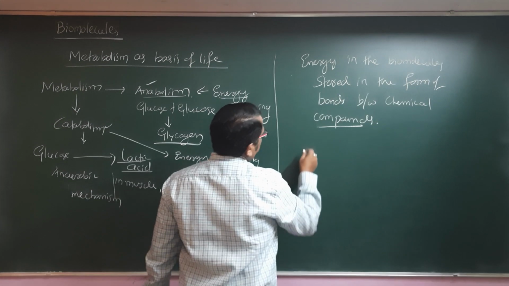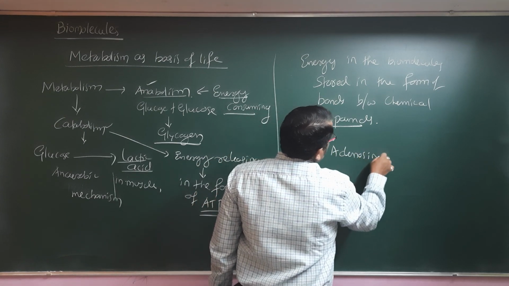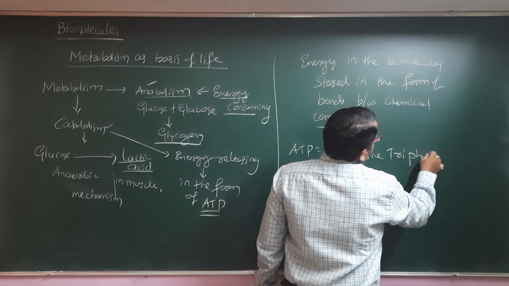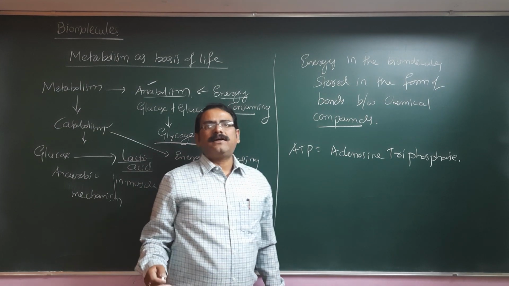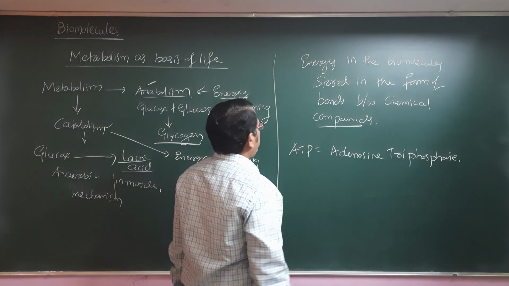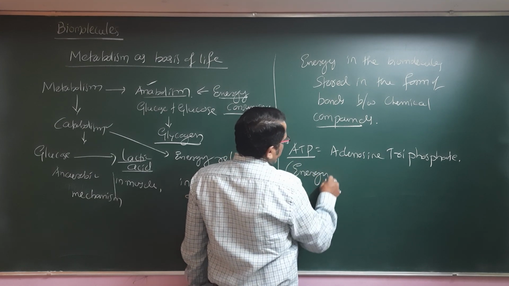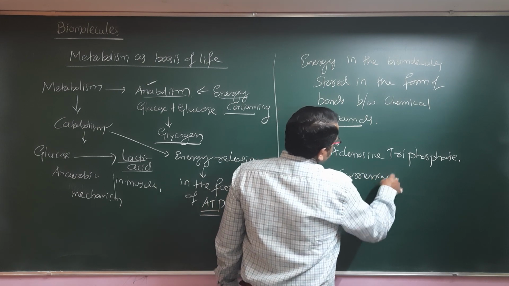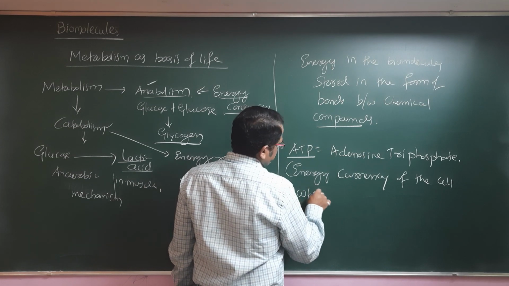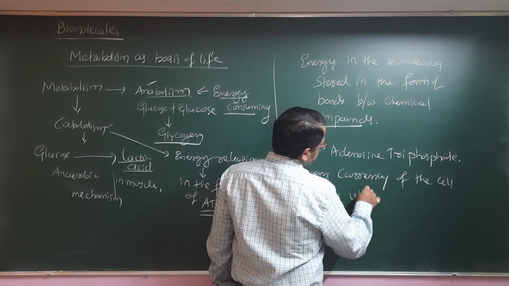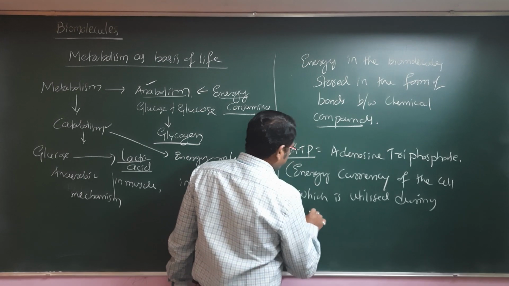Thus ATP, adenosine triphosphate, is very extensively utilized in a variety of metabolic pathways. So it is also called the energy currency of the cell, which is utilized during metabolic pathways.